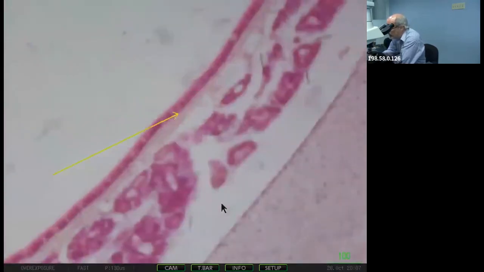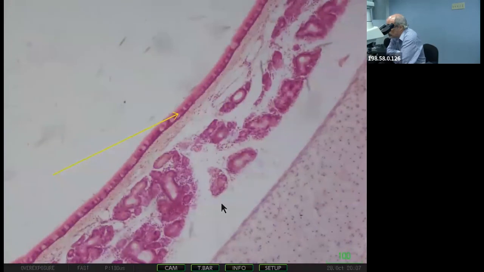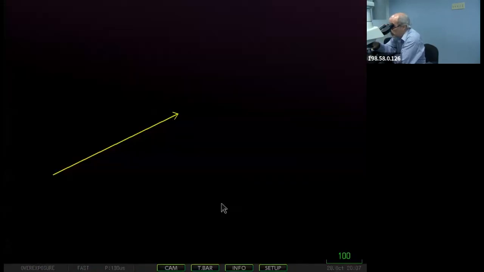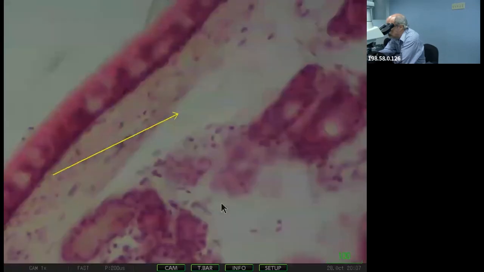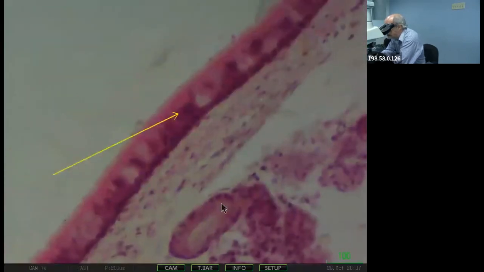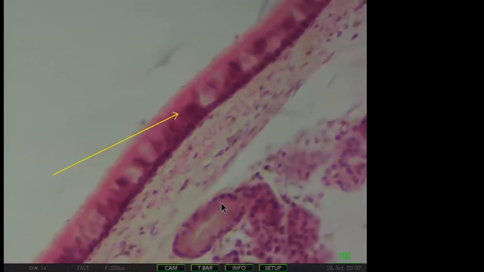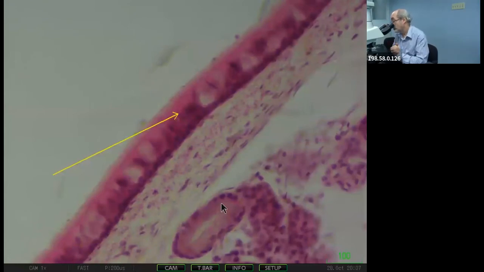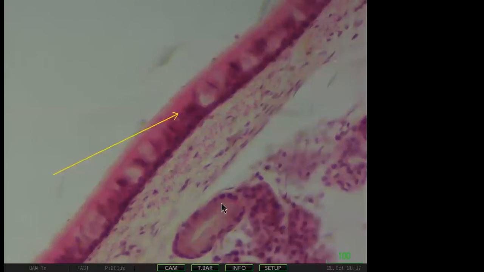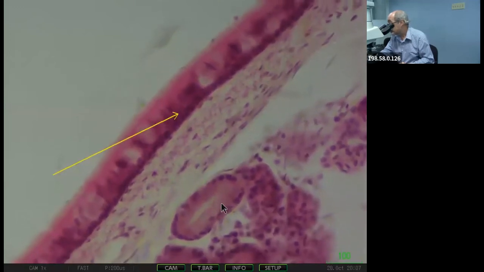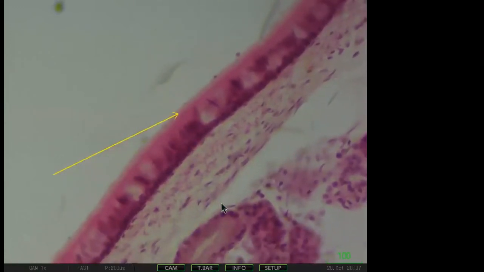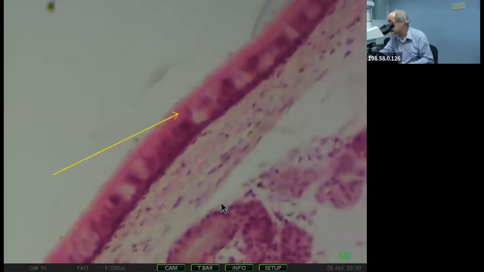What type of epithelium? Pseudostratified columnar epithelium with goblet cells. Ciliated. You see the cilia at the top, and with goblet cells.